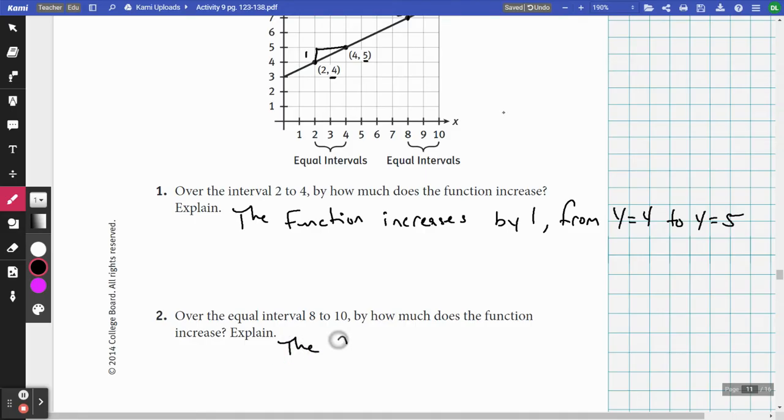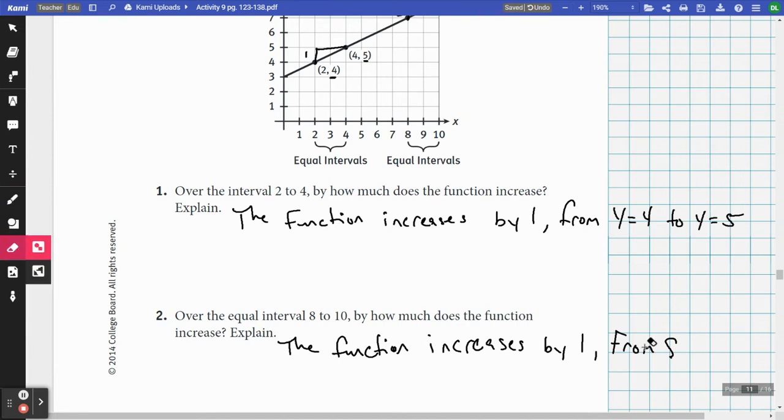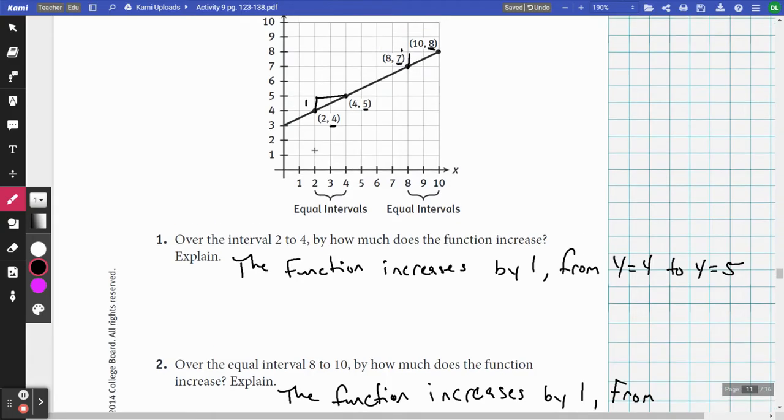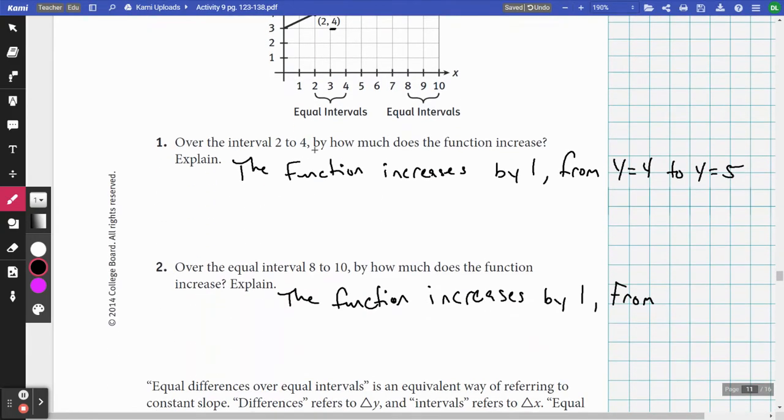The function increases by 1 from 7 to 8, from y equals 7 to y equals 8.